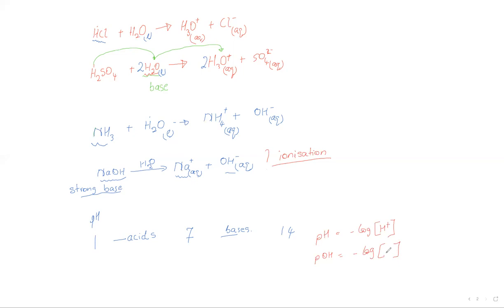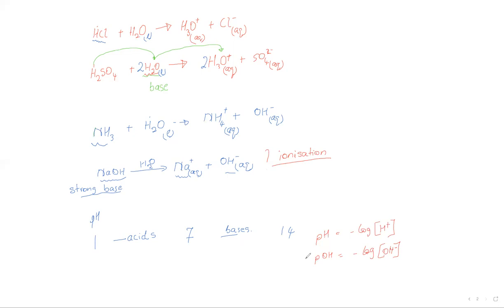This square bracket stands for concentration. These are logarithms to base 10. So if you have the concentration of a substance, you can get its pH value. If you have the pH, you can also get the concentration.